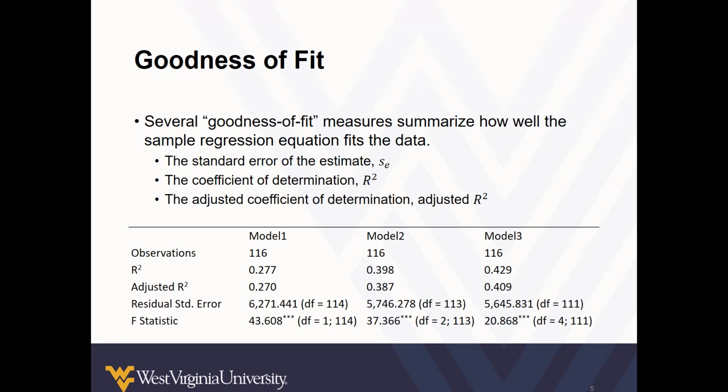The first is the standard error of the estimate. We like this value to be smaller. The smaller the standard error, the tighter and more compact the data and the model are.